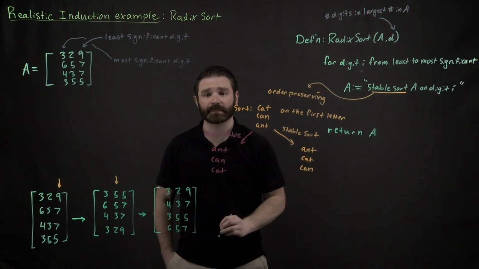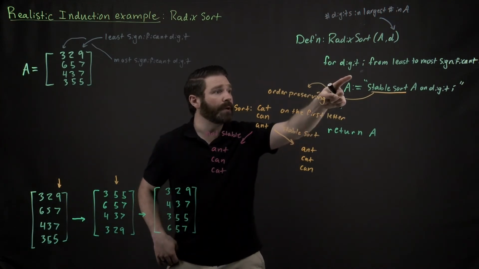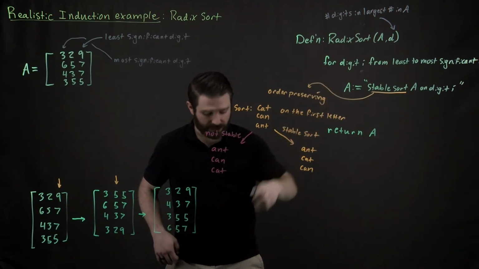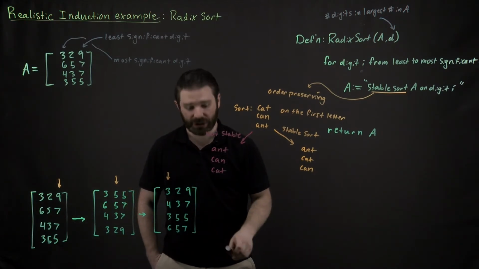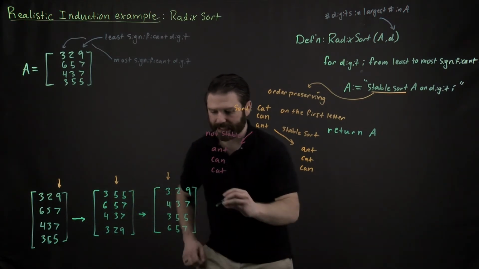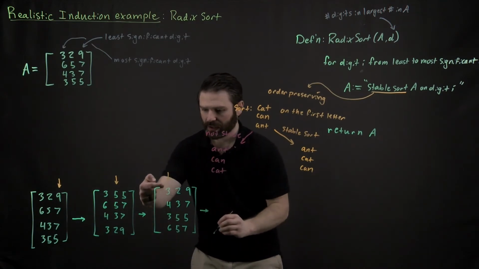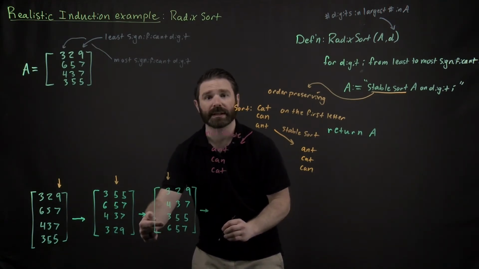Like that. And now I have one more digit to stable sort on, which is the most significant digit here. So I'm going to take this and stable sort it on the most significant digit.